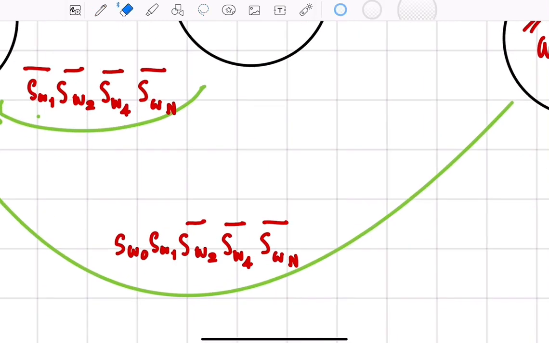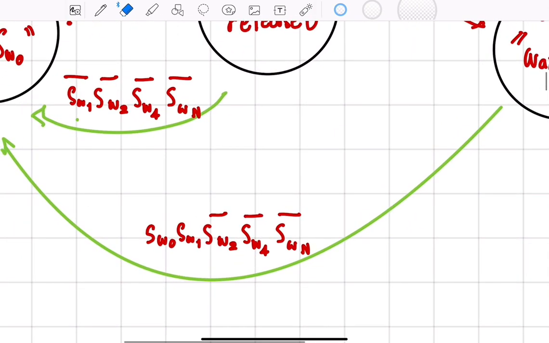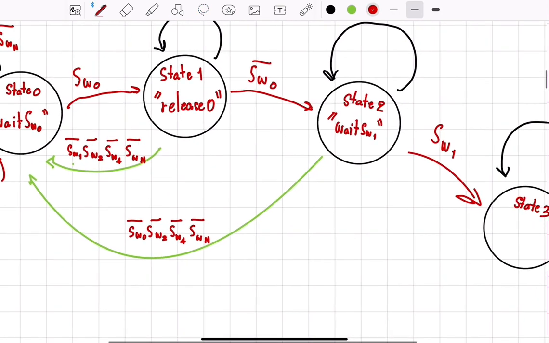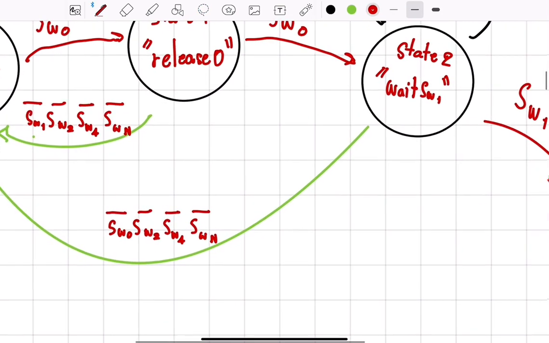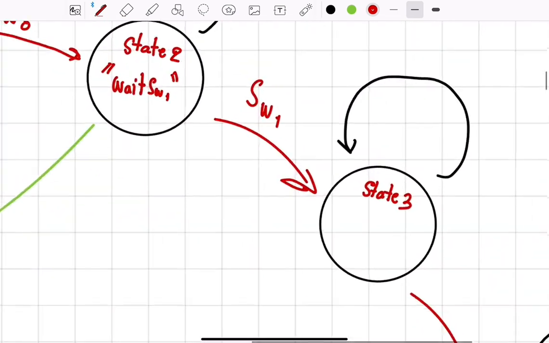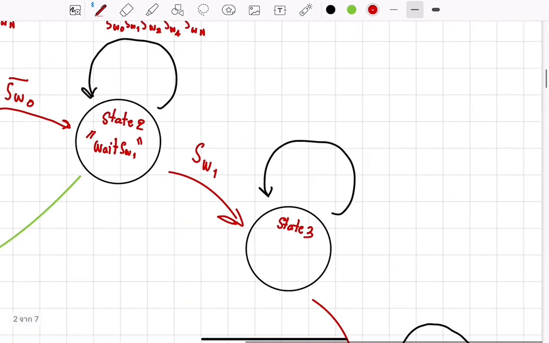When I don't put switch 1, when I put switch 0, switch 4, switch 3, something like that, I go to state 0. When I put switch 1, I go to state 3.